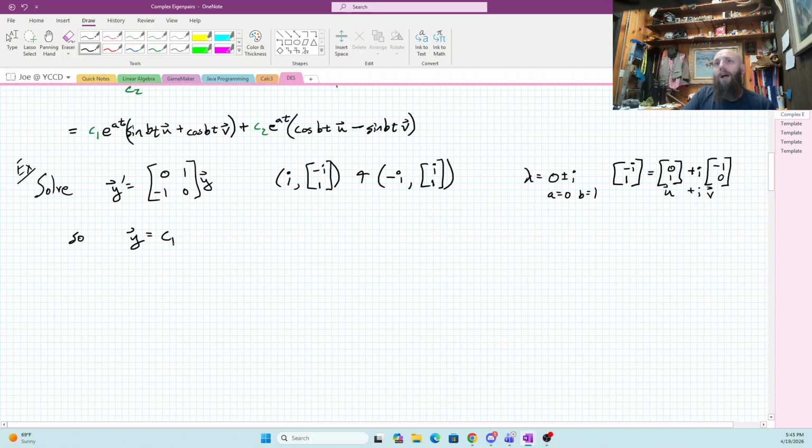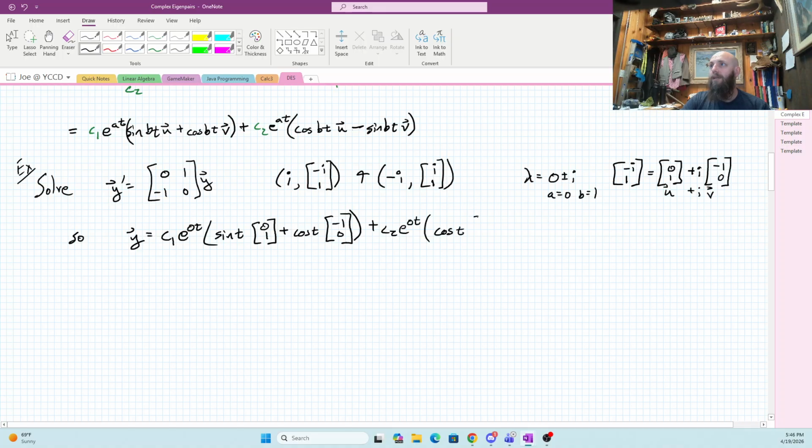Okay, so y is c1 times e to the 0t times sine of t times my vector u, which is 0, 1, plus cosine t times my vector v, which is minus 1, 0, plus c2 times e to the 0t times cosine of t times my vector u, which is 0, 1.